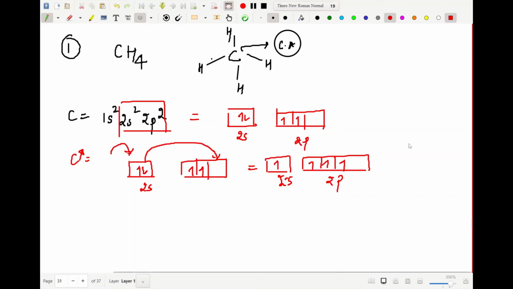Now we are going to form sp3 hybridization here, because we have, as you see, 1 2 3 4 bonds, and all these 4 bonds are single bonds, right? So we need s and 3p to combine to form sp3.